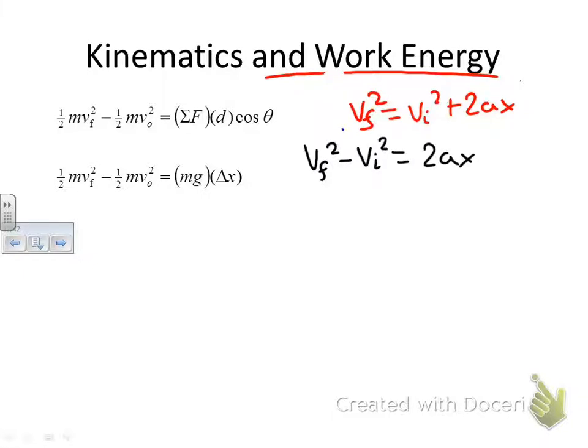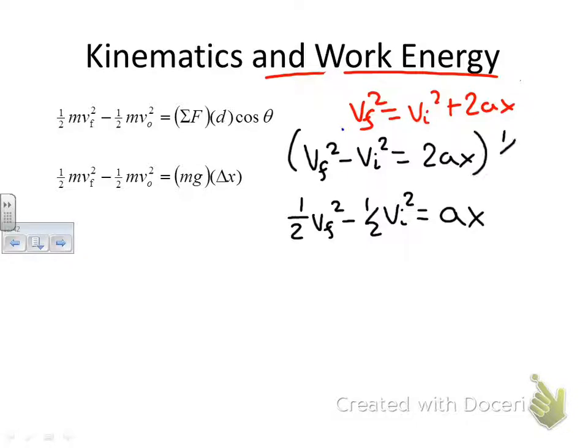And then let's divide everything by 2, meaning we have 1/2 V final squared minus 1/2 V initial squared equals ax. Because we took everything and multiplied it by 1/2. Now, as long as we do everything to both sides, this equation is still true.